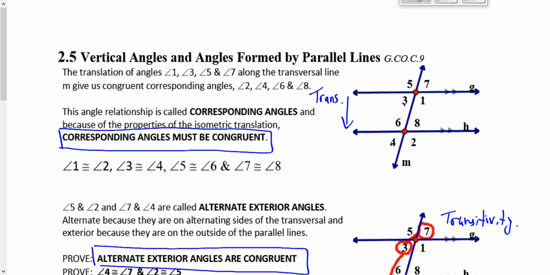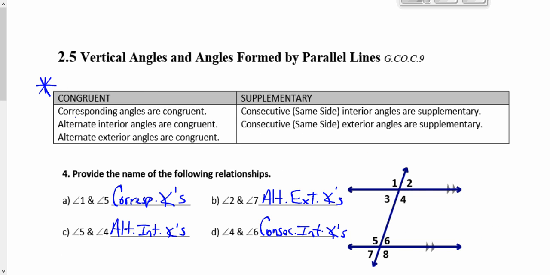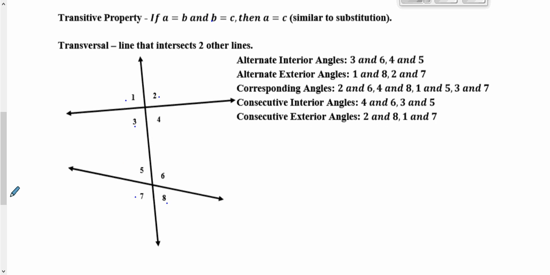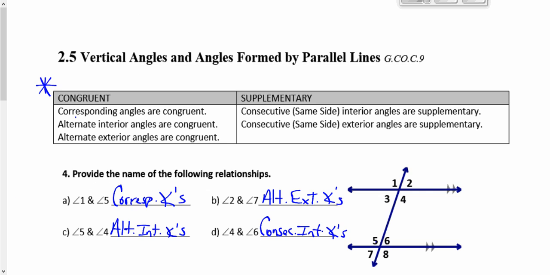I would say between this and this, right? So this will tell you which pair is what name, right? And then back to that table here, it'll tell you which ones are congruent, which are supplementary. So between the two of them, you probably want to refer back to both of those, okay?